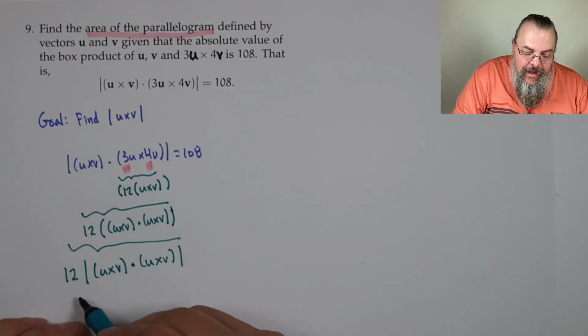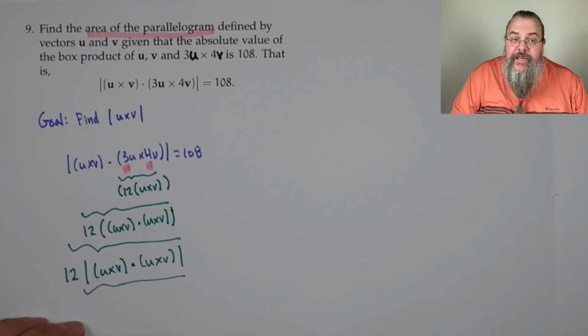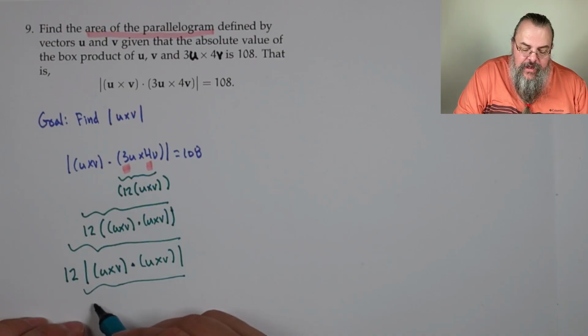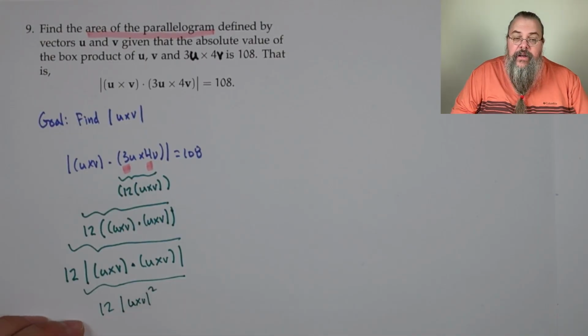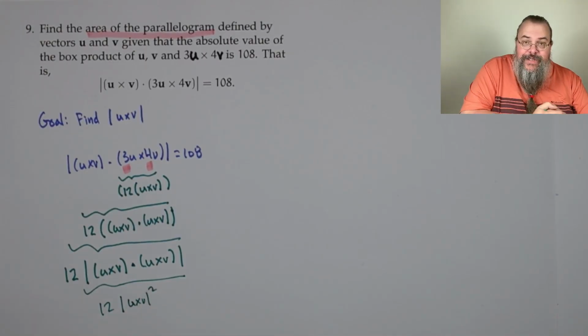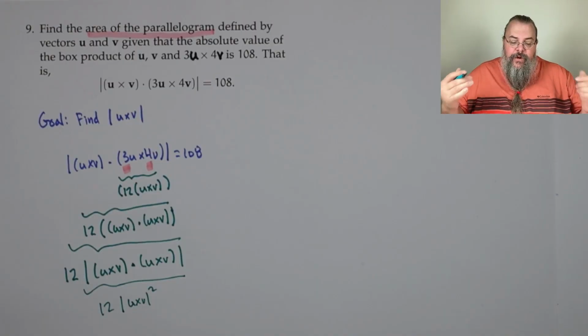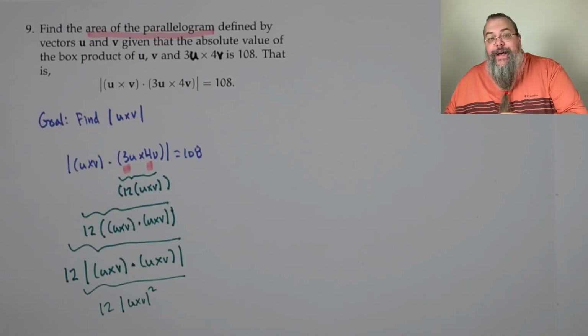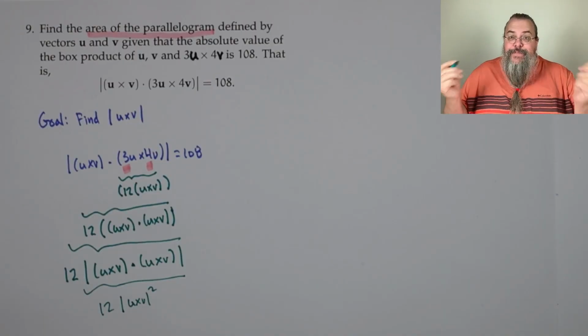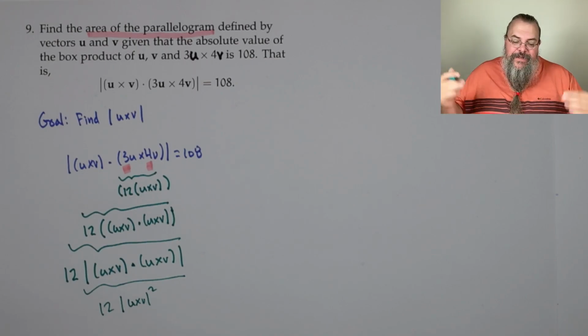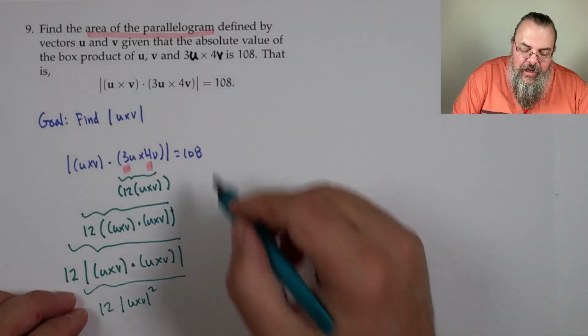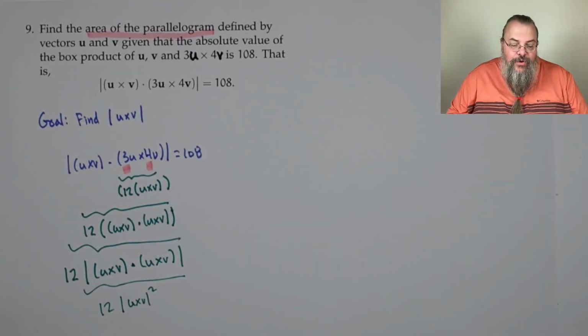We're saying that this part right here is going to become, we still have the 12, and then we have the magnitude of U cross V squared, because if I take a dot product of a vector with itself, I find the magnitude squared. Now, technically, it's the absolute value of the magnitude squared, but the absolute value of a positive number is what it is. So we say, aha, that's cool.